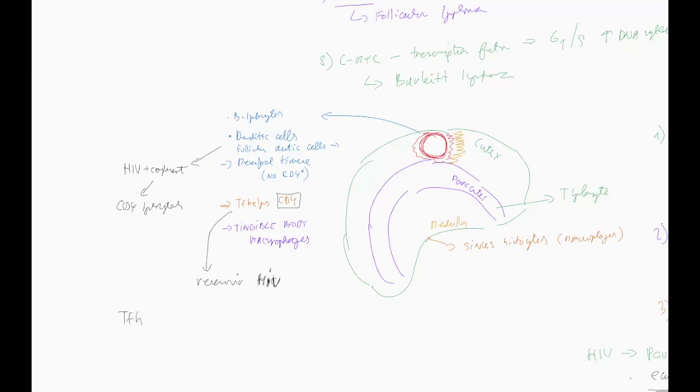The T follicular helper cells are the central factor in viral latency, but also of lymphomagenesis. And remember, without antivirals, 10 to 20% of patients will develop lymphoma in their lifetime.